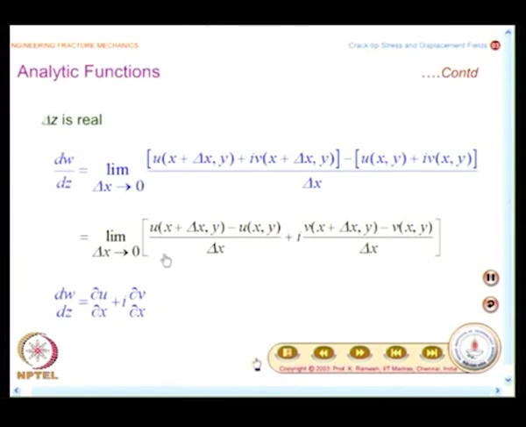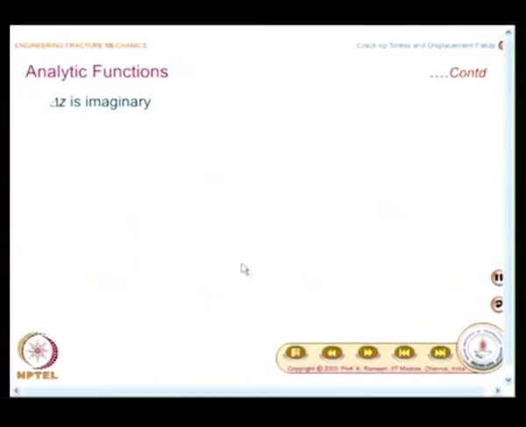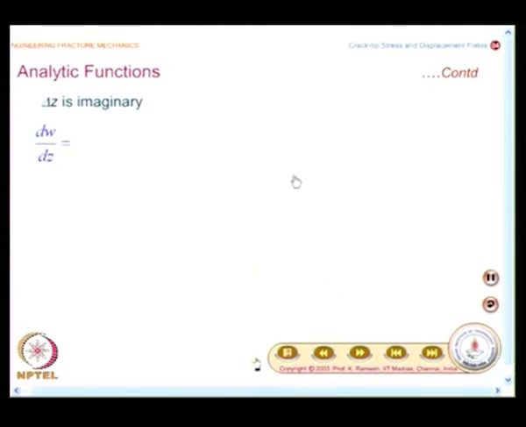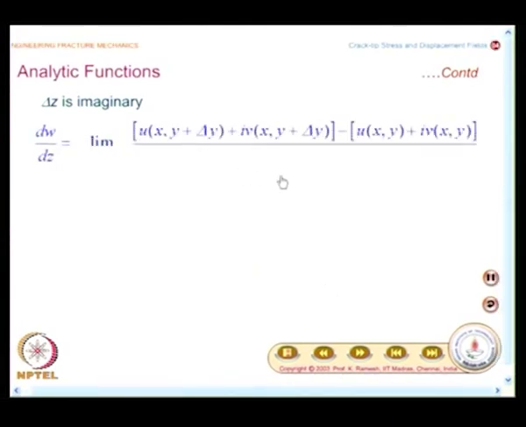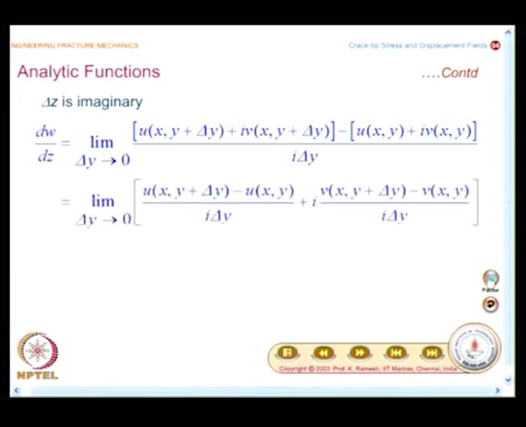Now, we will take the case when delta z is imaginary, and we will write the same thing. Let us see what we get. So, here you have to carefully write this as limit delta y tends to 0. So, that means x plus i delta y is what we are looking at, and delta x is 0 here.